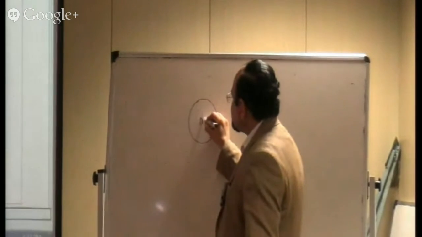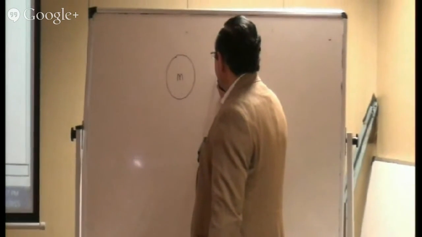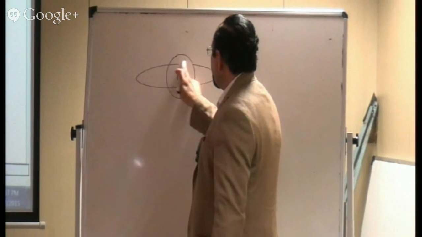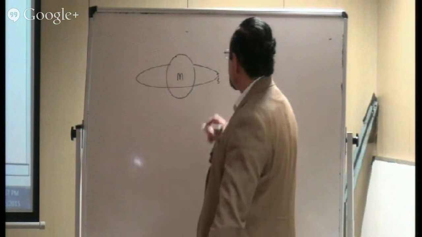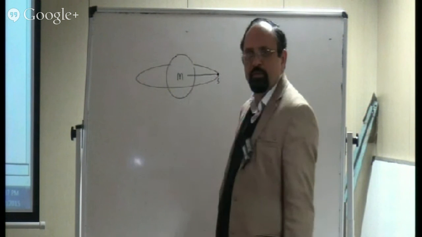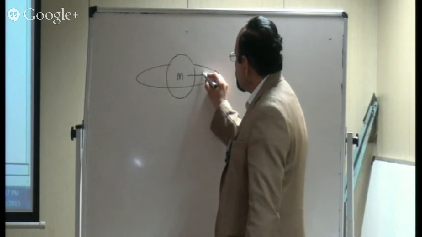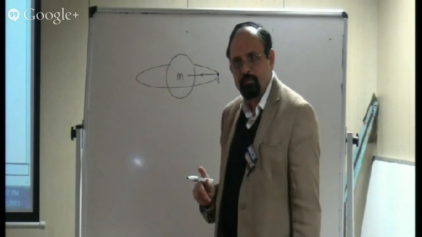This is a planet of mass m and the satellite here, which is expected to move in a circular orbit. I'm taking a circular orbit for ease. How can I maintain this satellite revolving around? Gravitational force is providing the necessary centripetal force.